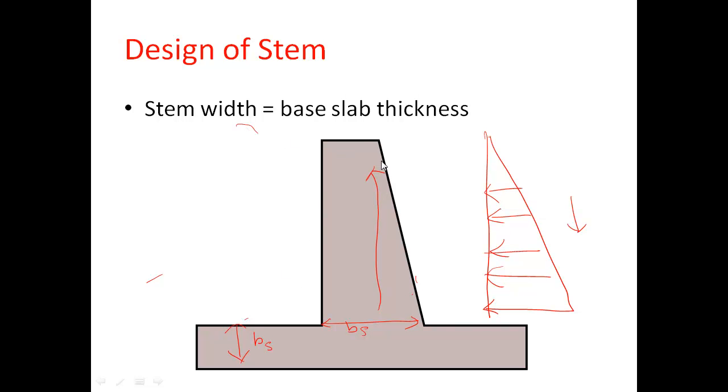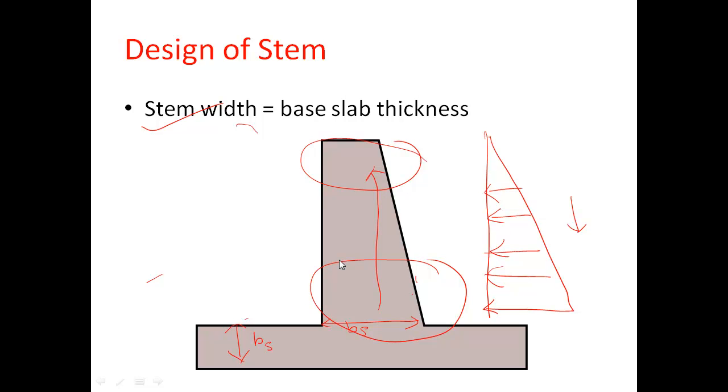So the dimensions at the top level will be lesser than at the bottom level. Then our structure will be much more economical. So initially we are taking the stem width as the base slab width.